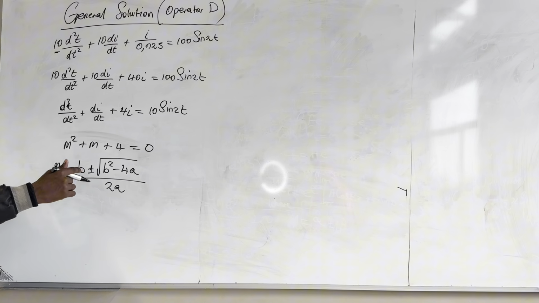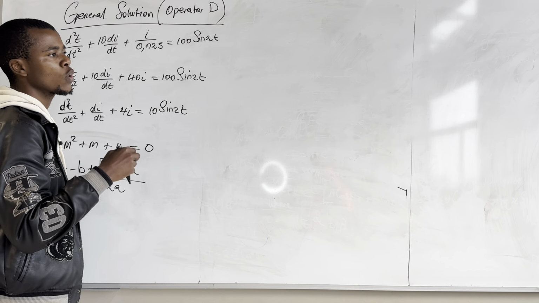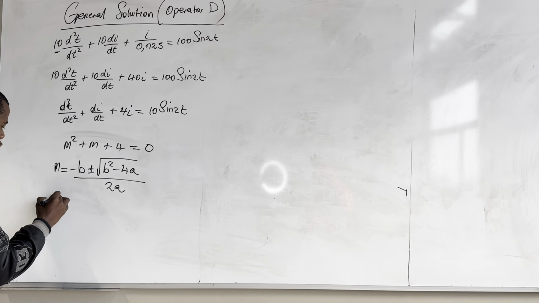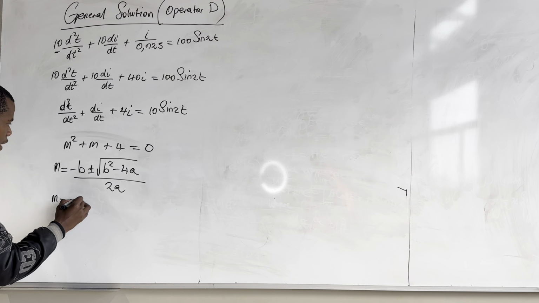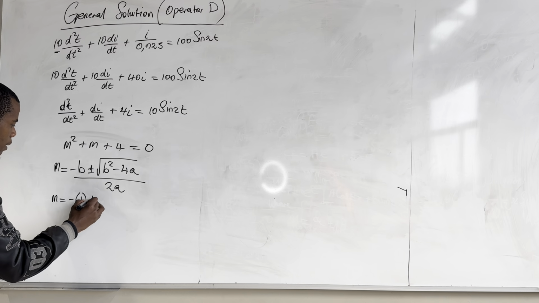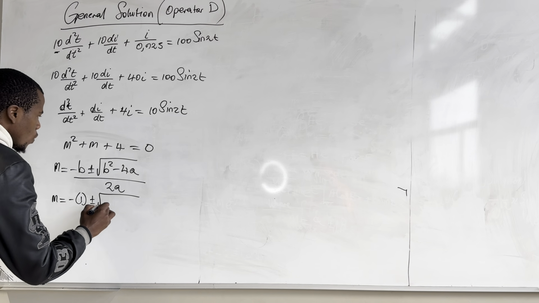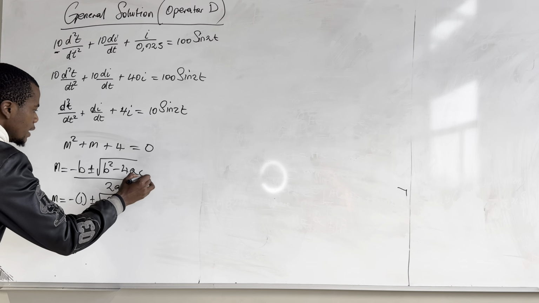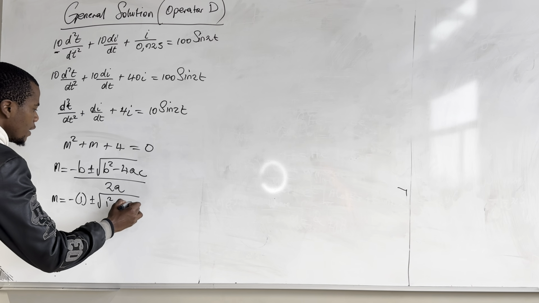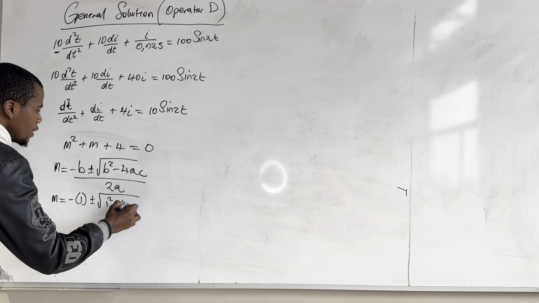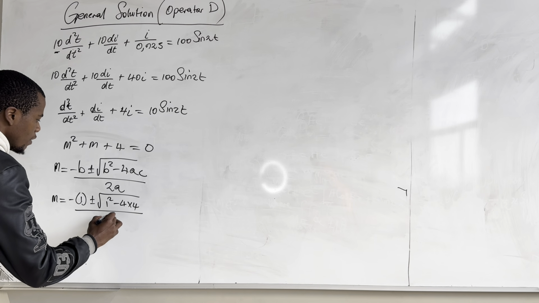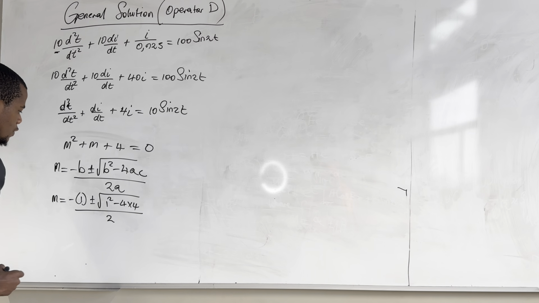So we are using that case of the auxiliary equation. We substitute: m is equal to negative b, which is 1, plus or minus the root of 1 squared minus 4ac, where a is 1 and c is 4, all over 2a, and a is just 1.